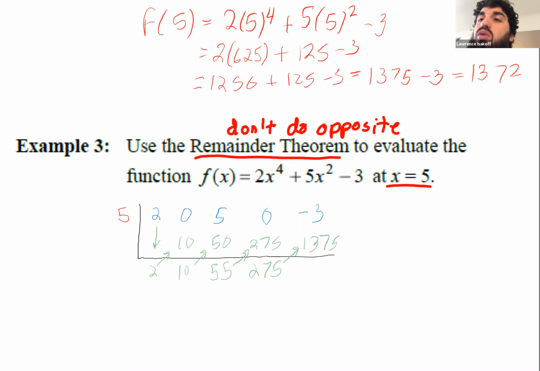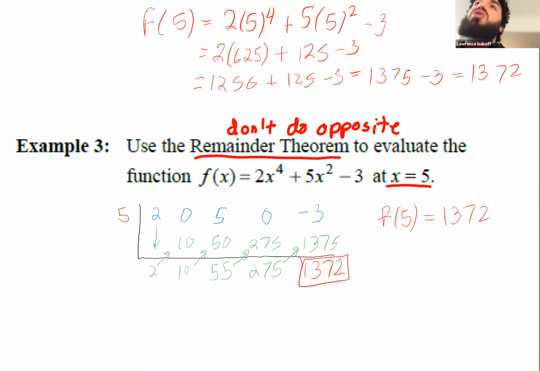And lo and behold, here's my remainder. So I know f of 5 is equal to this. Same answer we got doing it the other way.